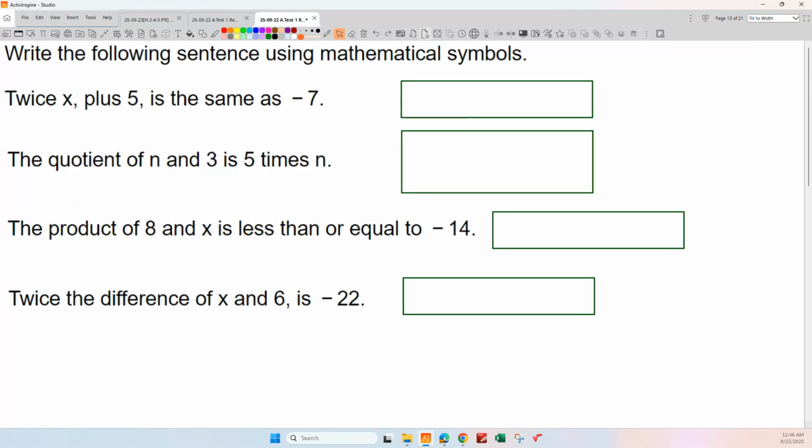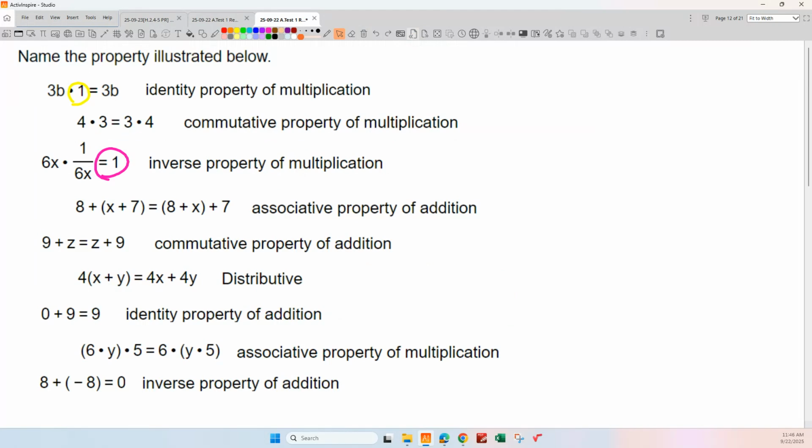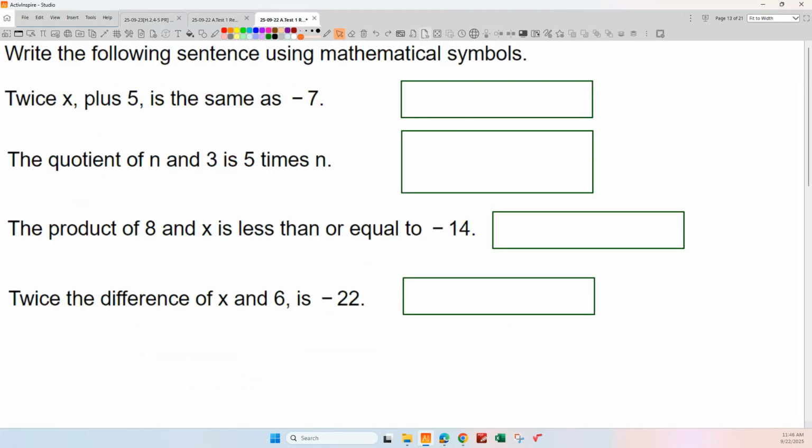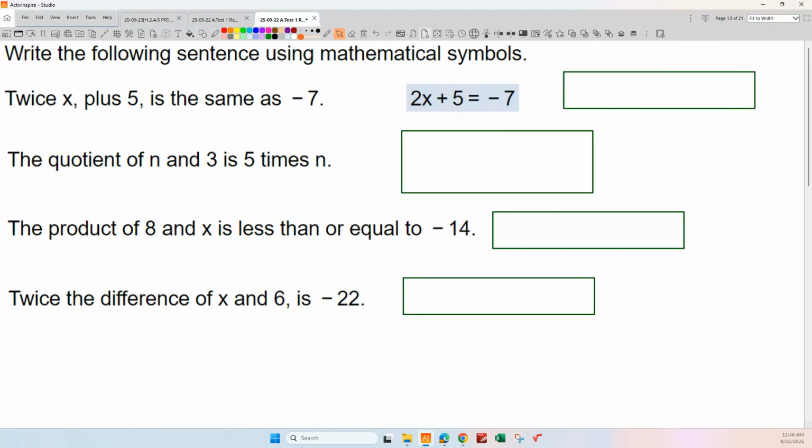All right. So now, there we go. Okay, let's just practice making some conversions from words into symbols for inequalities and equations. How about this top one? Twice x plus 5 is the same as negative 7. Well, how do I say, what's twice x? 2x plus 5 is the same as negative 7.